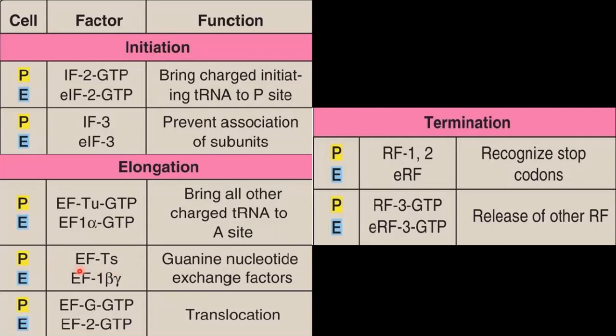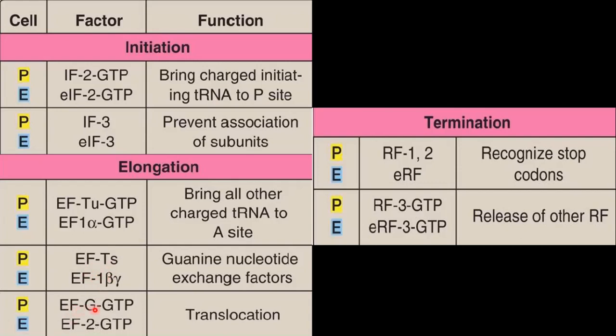Then you also have the elongation factor TS, which in eukaryotes is the elongation factor 1 beta gamma, and it is used in guanine nucleotide exchange. It is a guanine nucleotide exchange factor. Once we hydrolyze this GTP to a GDP, you need to cleave that GDP and replace it with a GTP once more. That is the function of these elongation factors.